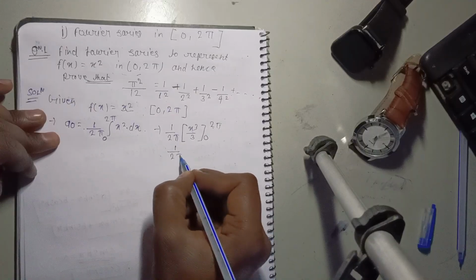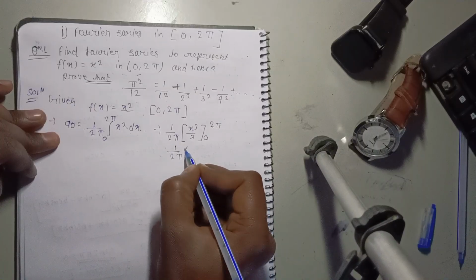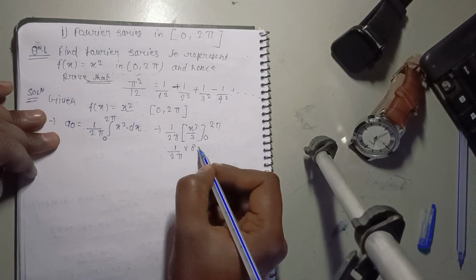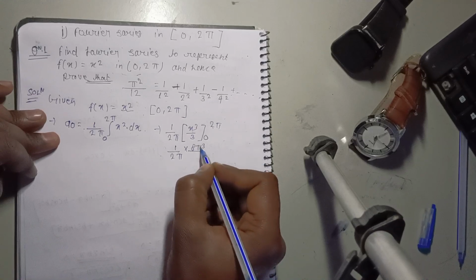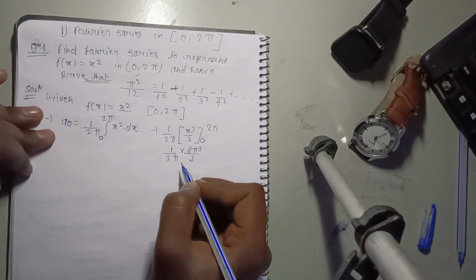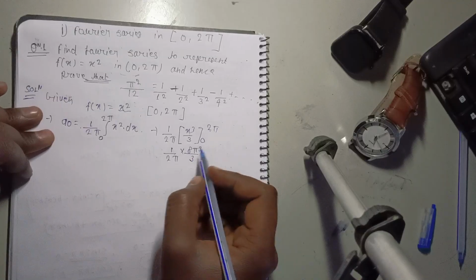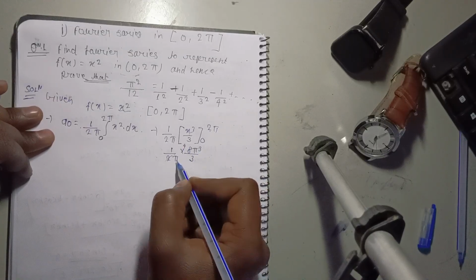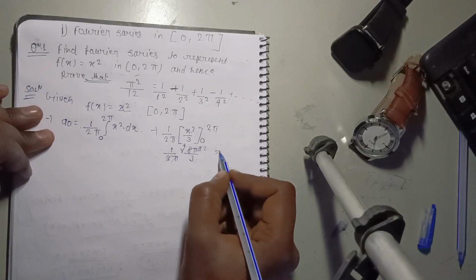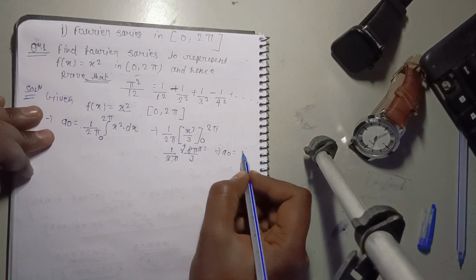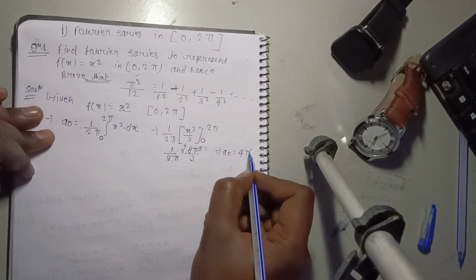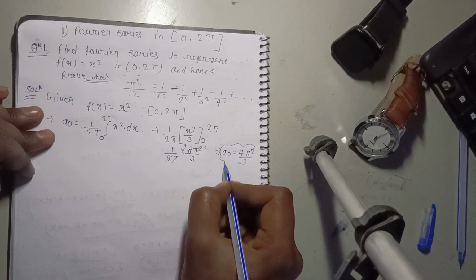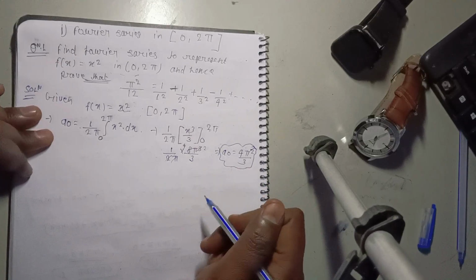So 1 upon 2 pi into 8 pi cube upon 3. 2 into 4 is 8, and pi square. So a naught is equal to 4 pi square upon 3.